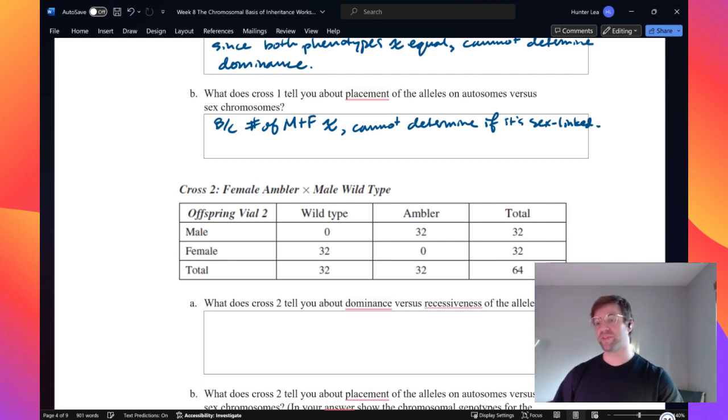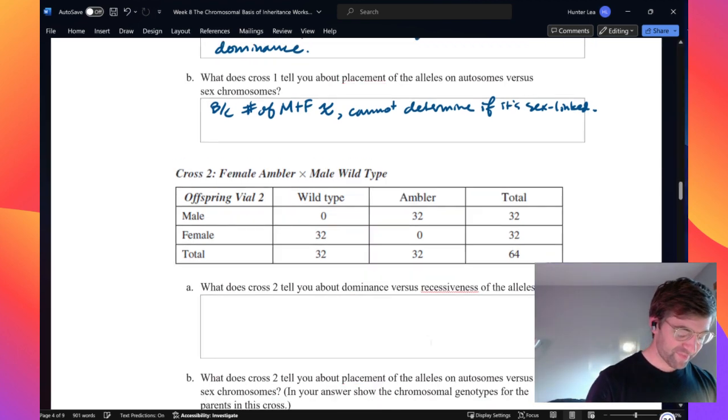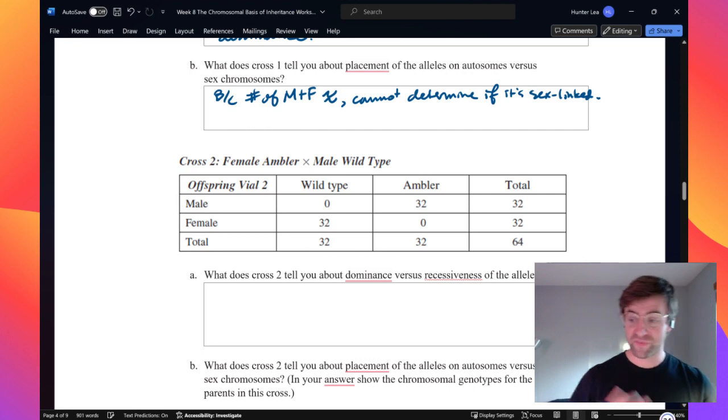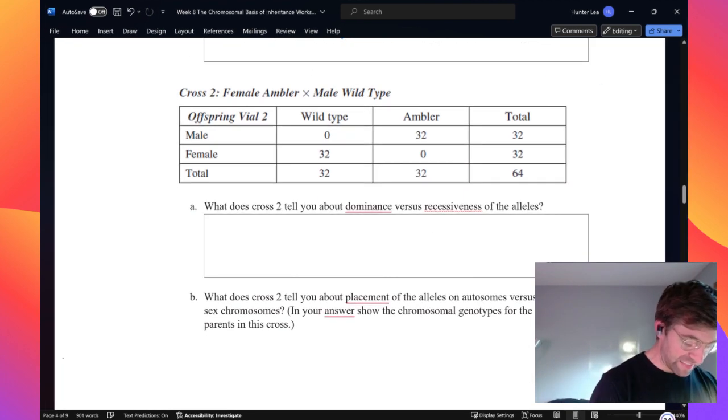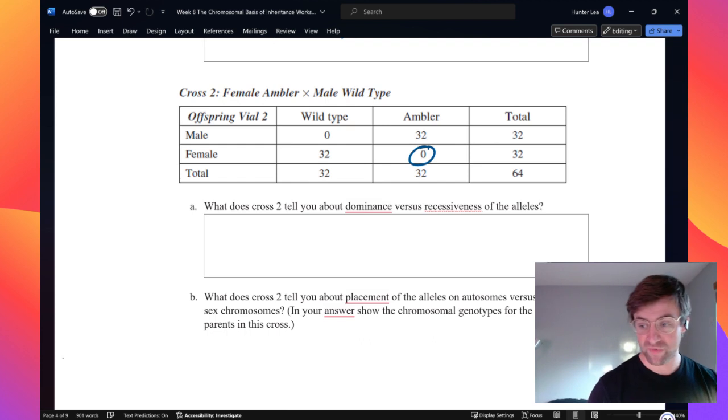So what to do about this? Well, that was our first cross. The real magic in this experiment is that the second cross starts to reveal what's hidden here. So in the second cross, we have zero males with the wild type and zero females with the ambler type.